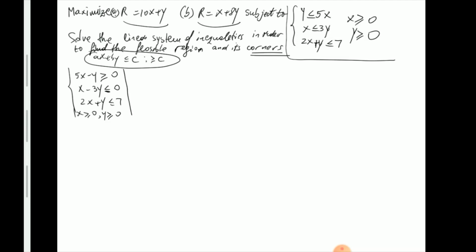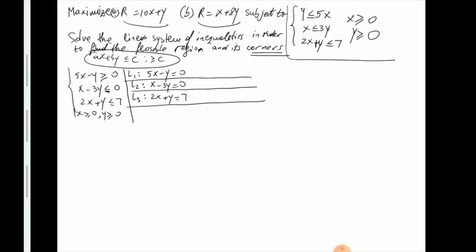So remember how we solve the linear system of inequalities? You sketch the lines corresponding to each inequality. Line 1 is 5x minus y equals 0. Line 2 is x minus 3y equals 0. Line 3 is 2x plus y equals 7. And let's establish a couple of points for each.